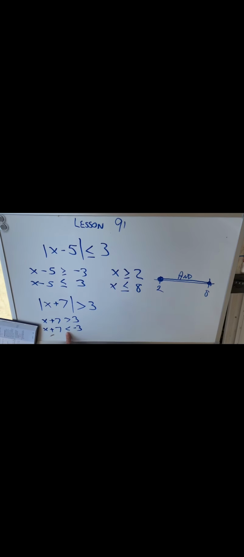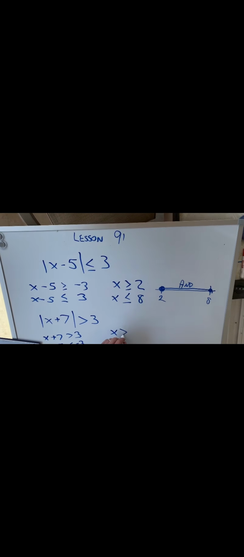Because we do the negative, we got to switch the sign over here, and then that's what we're going to get. So out of this, we'll add 7 to both sides. We get x is greater than 10, and here we're going to add 7 here. We get x is less than 4.